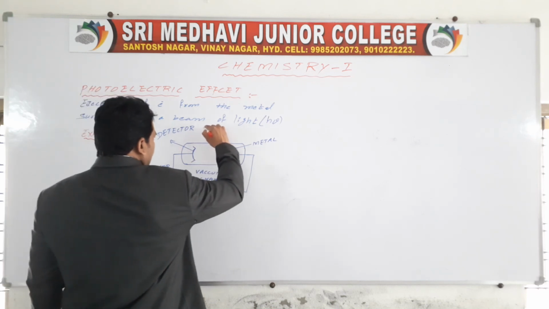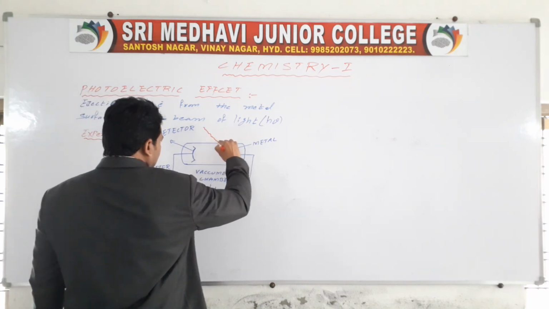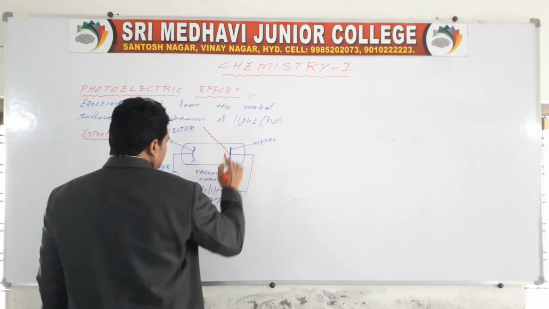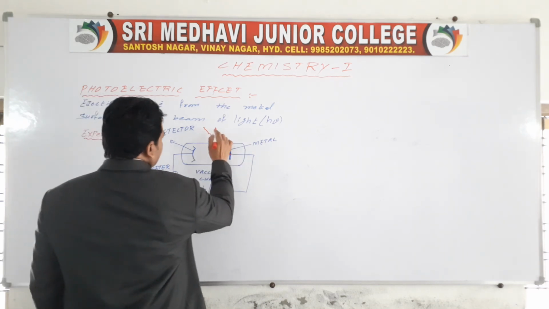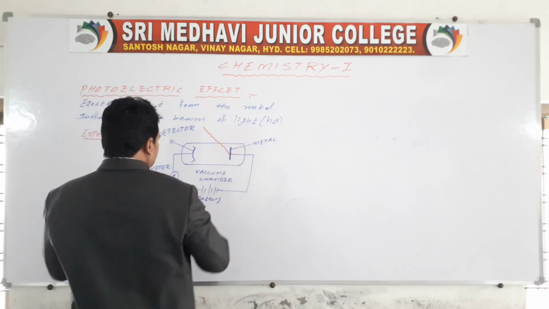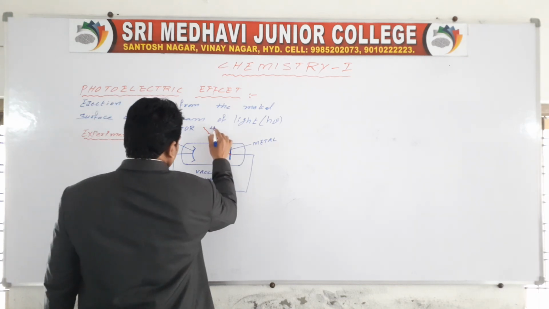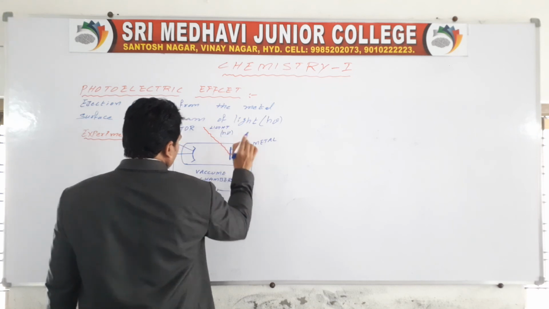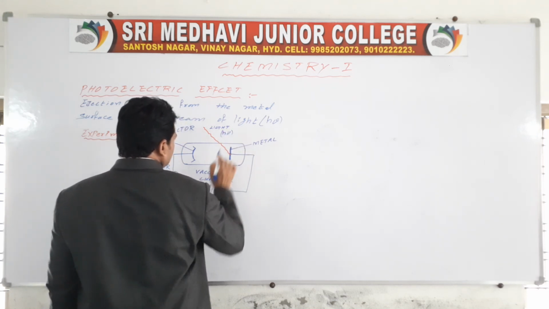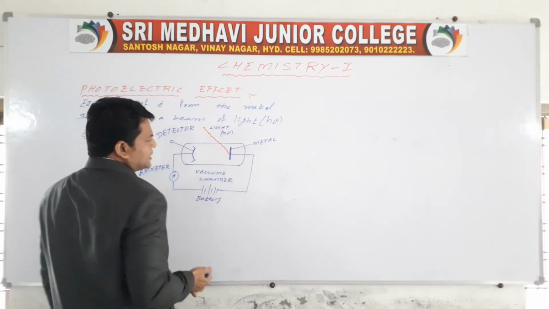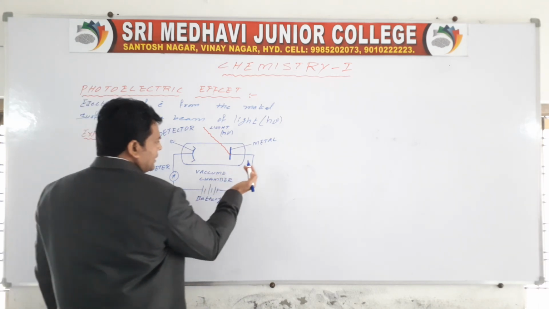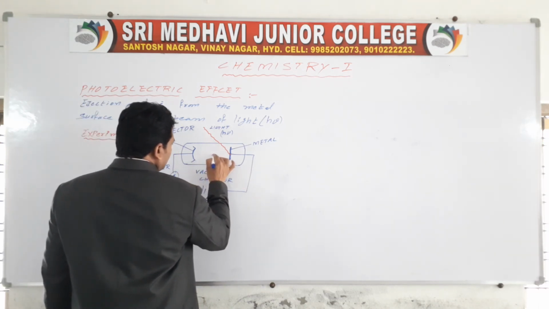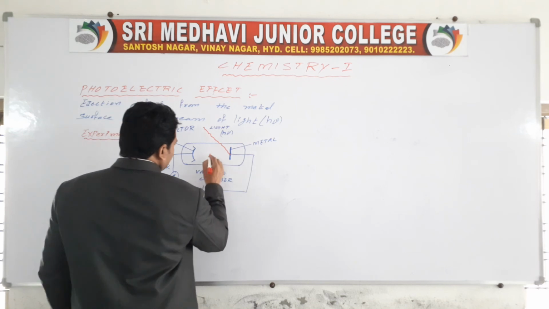Now it is a beam of light, light h nu, which falls on the metal surface. Immediately, ejection of electrons takes place.